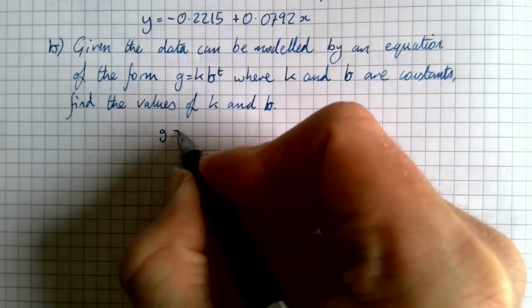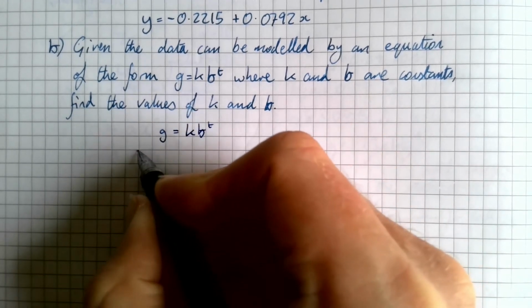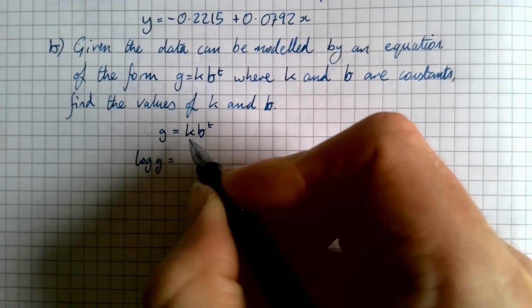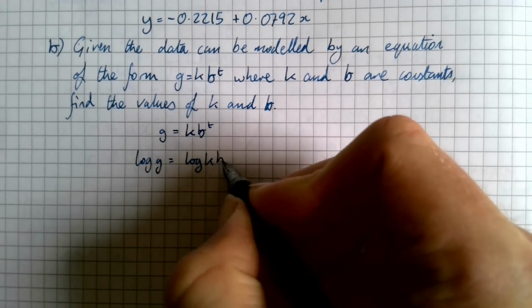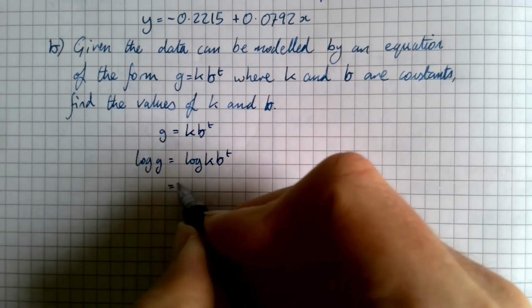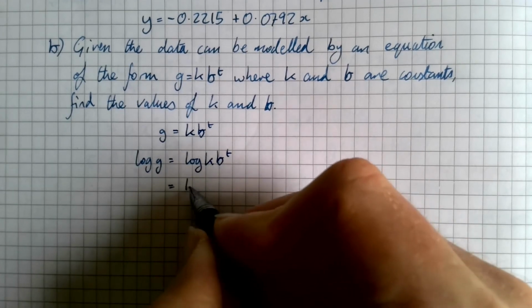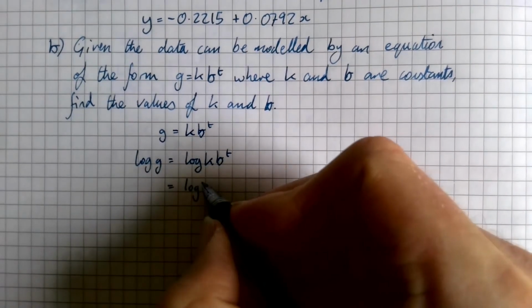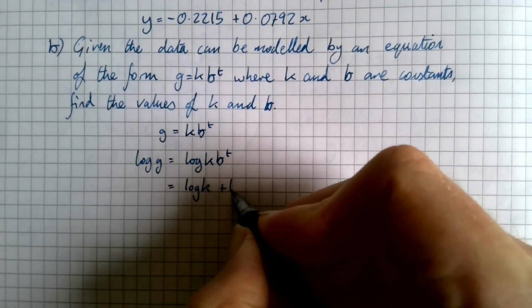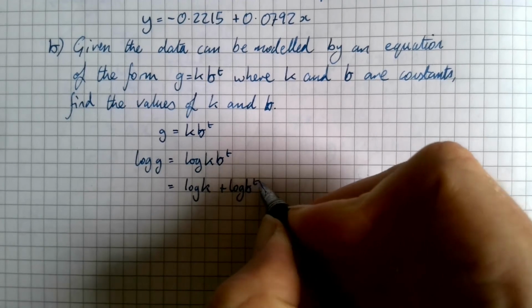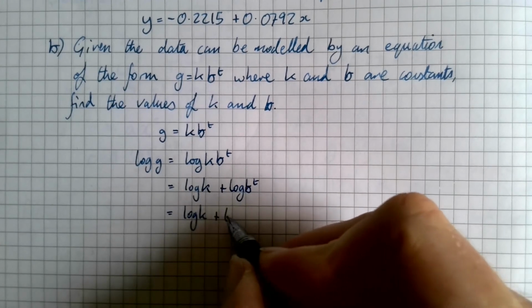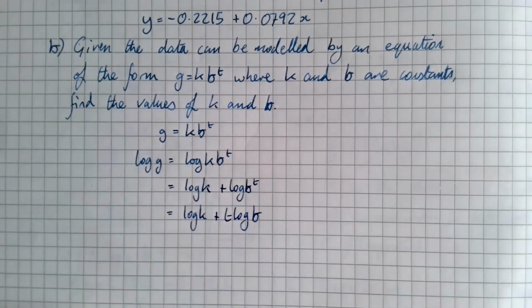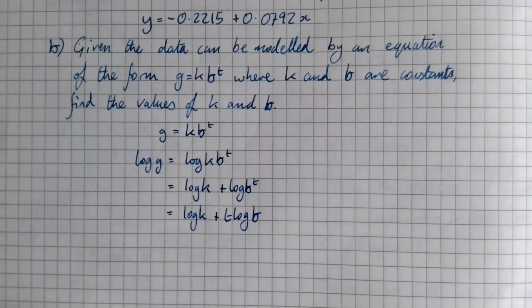So if I take the log of both sides of this, so g equals kb to the power t, log g is going to be log kb to the power t, and then we were saying that multiplicative law means that we can add those two that have been multiplied together, and then power law means that we can rewrite this, and the only way to get good at this is by practicing a load until it becomes something that you do just as a natural thing.